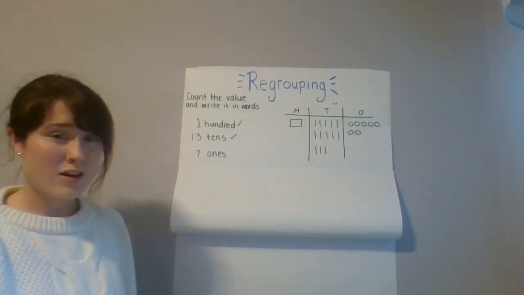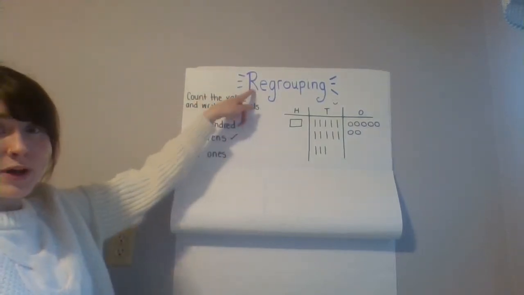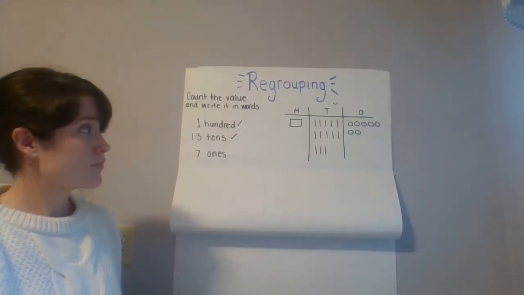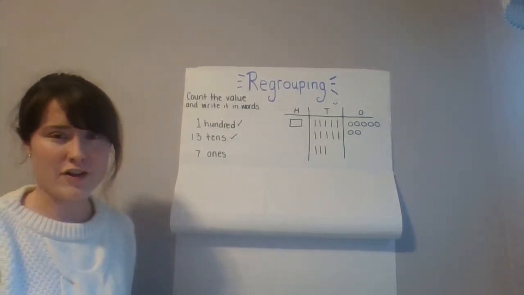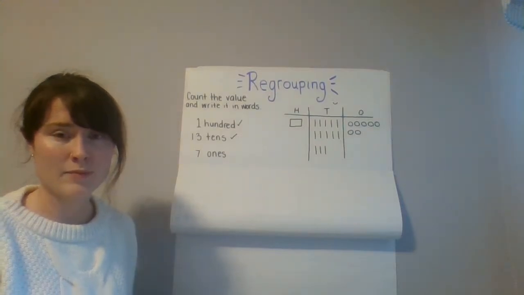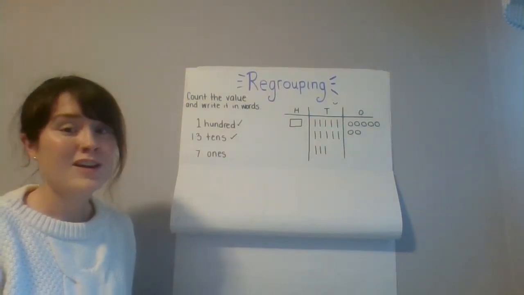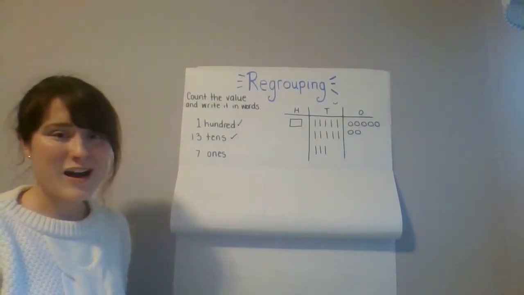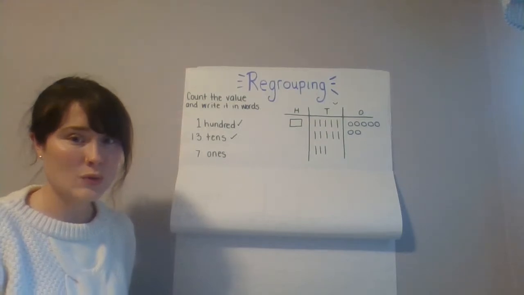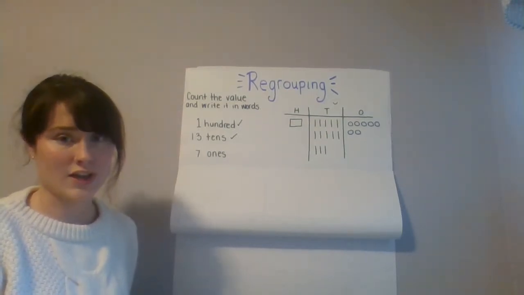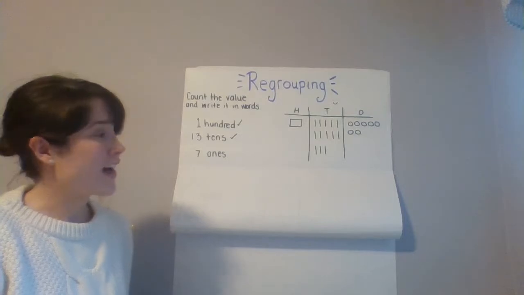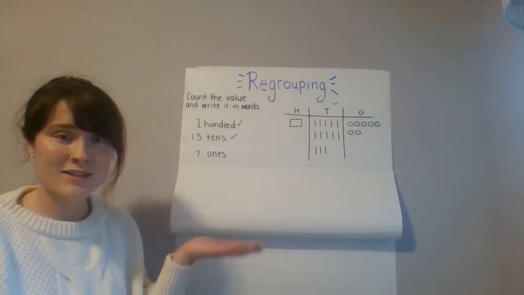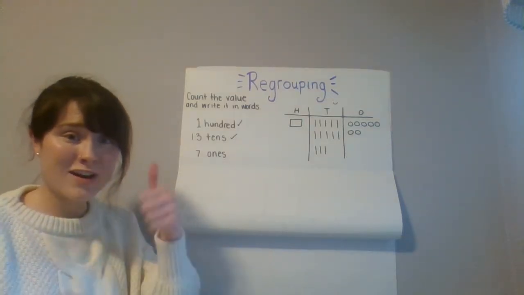I notice that we are going to have to use some regrouping because we have a lot of certain place value blocks. Think in your head, what do we have a lot of here that we might need to use regrouping? If you noticed that we had a lot of 10 sticks, you did a good job. So I want to think, how can I regroup some 10 sticks into a bigger unit to make this easier to count? Well, I remember that 10 groups of 10 is the same value as 100.